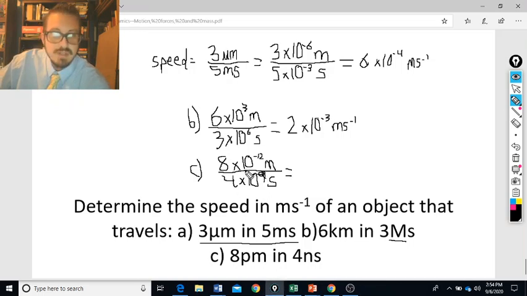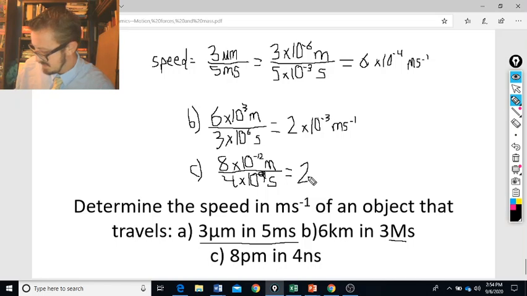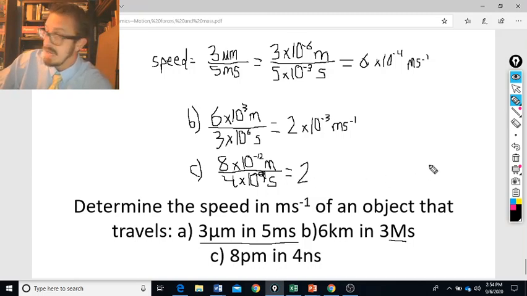I think that got a little bit messy there. So 8 divided by 4 would be 2. And negative 12 minus negative 9, what's that? We're taking away a negative, and so we're really adding it back. Negative 12 minus negative 9 is negative 3, right?